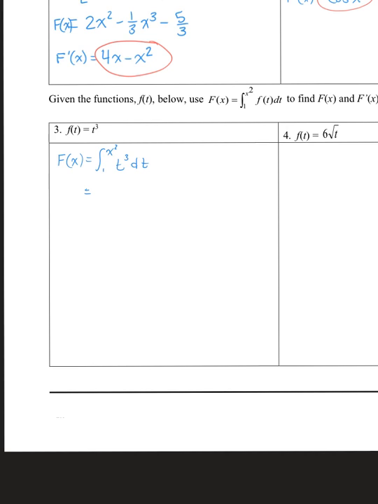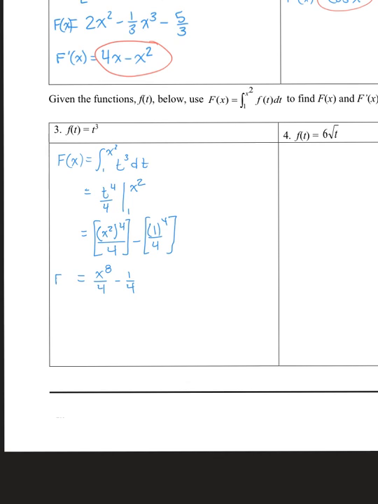So if you integrate t cubed, you get t to the 4th over 4, evaluated from 1 to x squared. Plug that in. So this is the first part. This is the second part. Okay, so x squared to the 4th, you multiply those exponents, so you get x to the 8th over 4, minus, and then 1 to the 4th is 1, so you get 1/4.